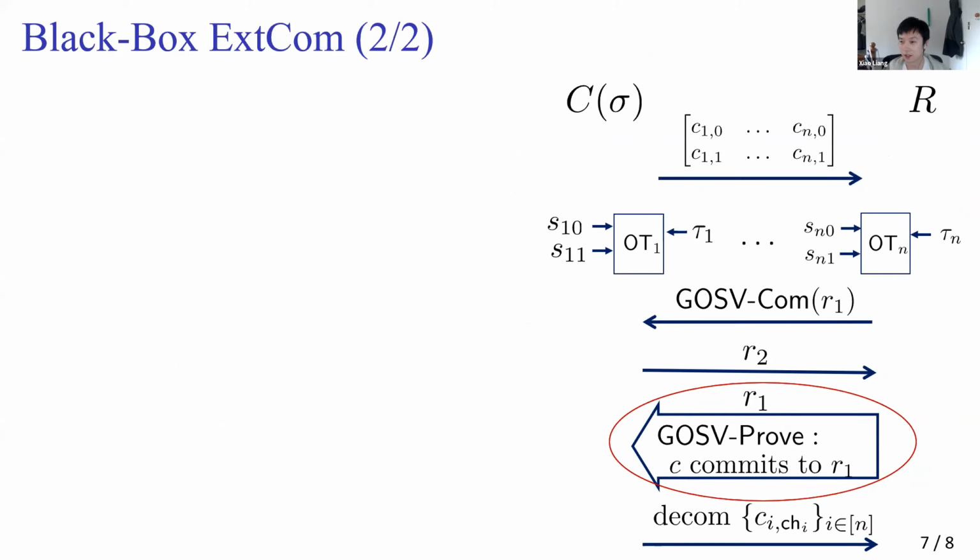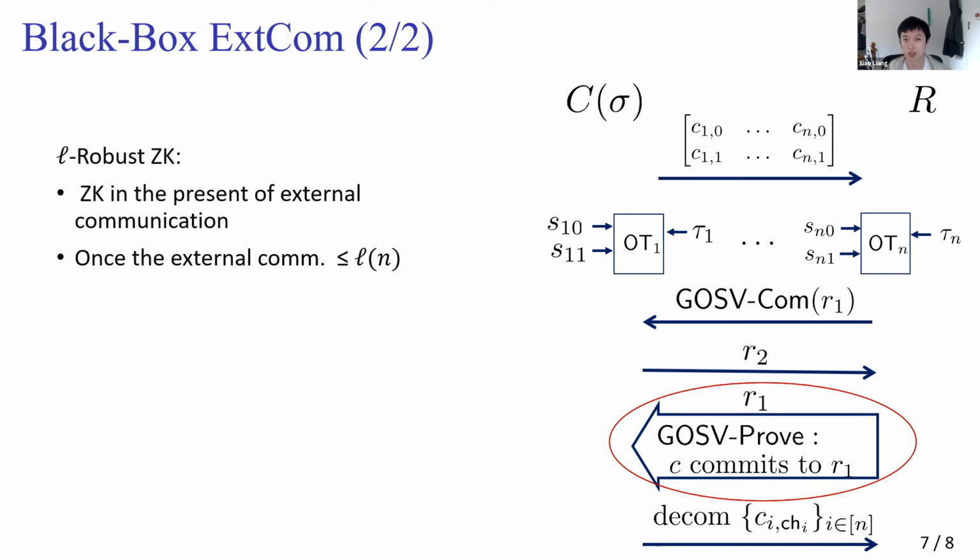The key observation is that we are in a bounded concurrent setting, so we have control of the communication of the other parts of the protocol. So it's sufficient if we can build an L-robust zero knowledge, which means a protocol which is zero knowledge as long as the external communication is bounded by some prefixed parameter L.